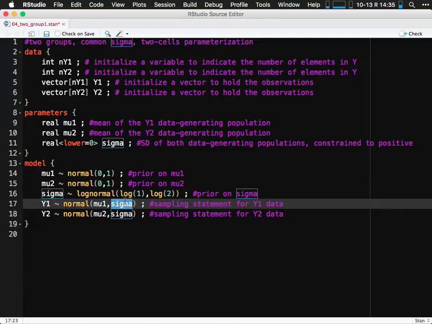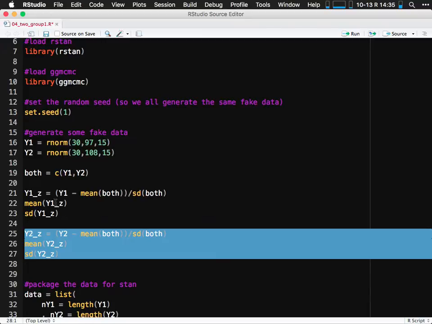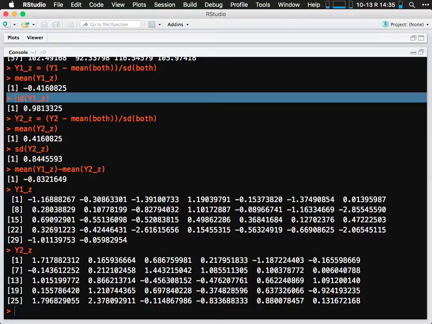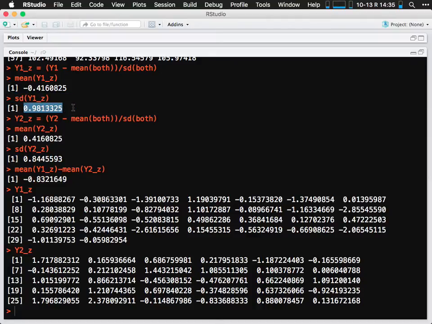No, because this is the amount of variability that you're observing within each group. So the analogous value you can compute from each group is the standard deviation within that group. The standard deviation of 2 is about 0.8. Standard deviation of 1 is about 1. So we're kind of rounding up.